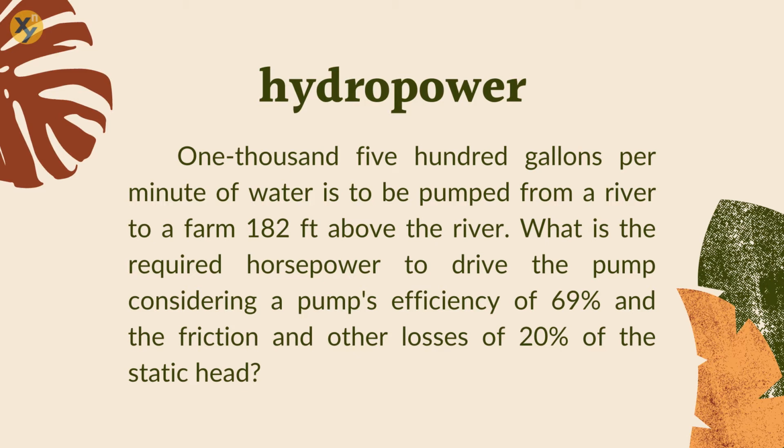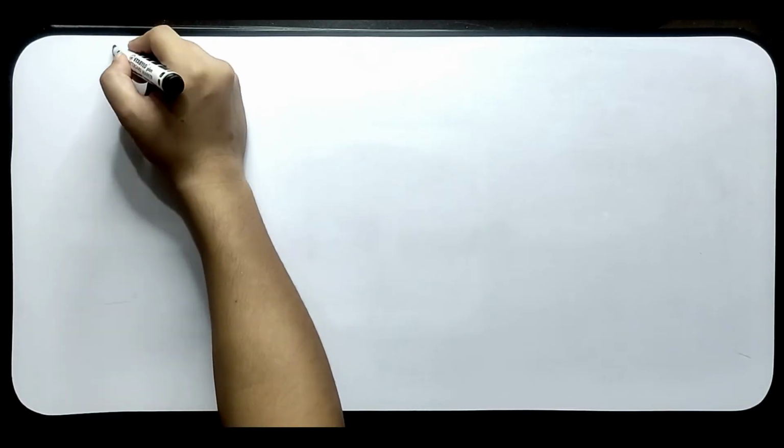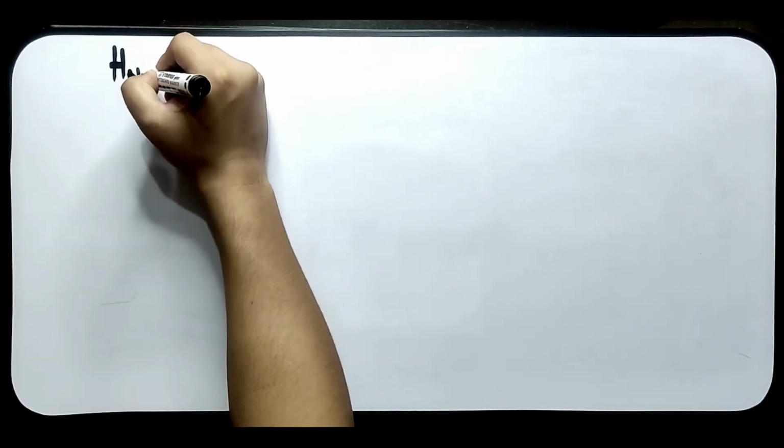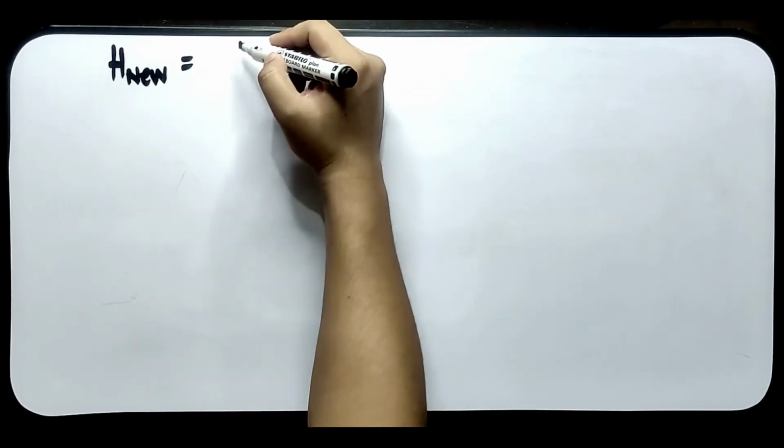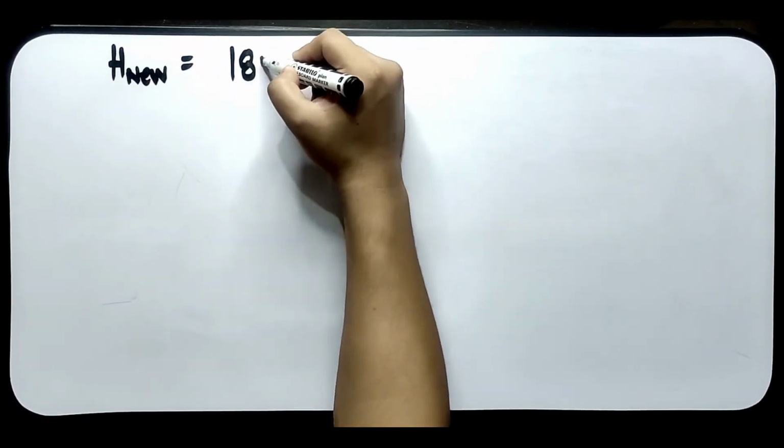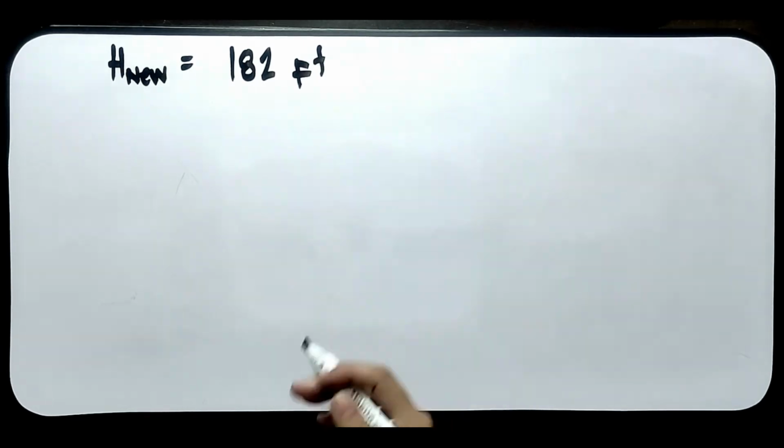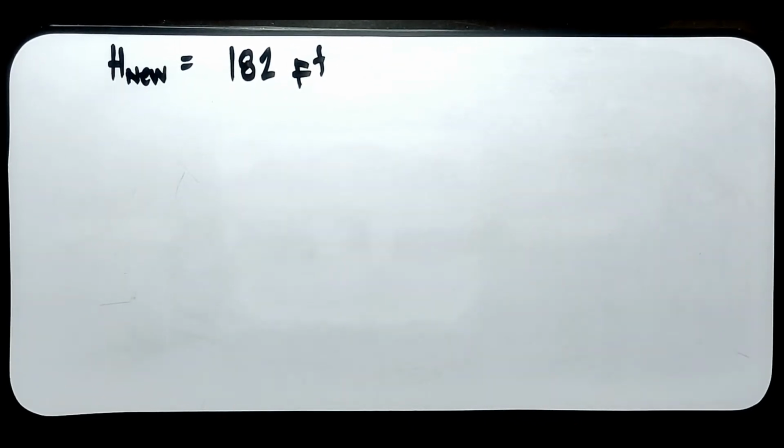So, ang una natin kailangan gawin, since sabi may losses daw na 20% sa static head, kailangan magdagdag tayo ng 20% dun sa head. Magkakaroon tayong head na bago. 182 feet yan, madadagdagan ng 20%, kasi may losses.